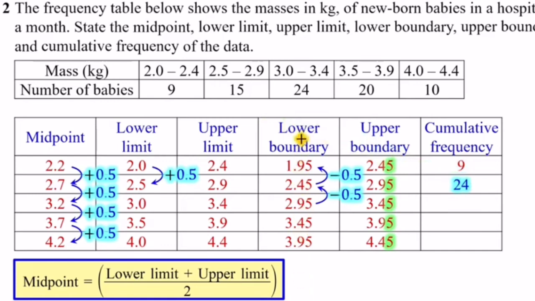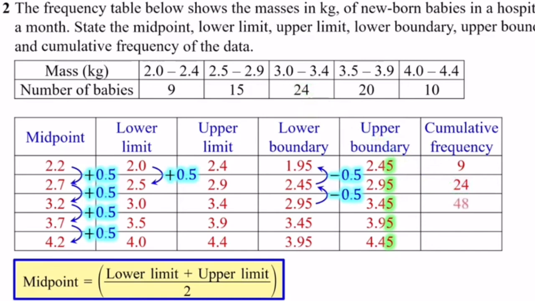For the next one, because we need to take the 24 plus the 24. Okay, the cumulative frequency means we add the frequency with the previous one. Alright, you can say that you take 9 plus 15 plus 24, or you can say 24 plus 24, the same answer, right? So you get 48, right?